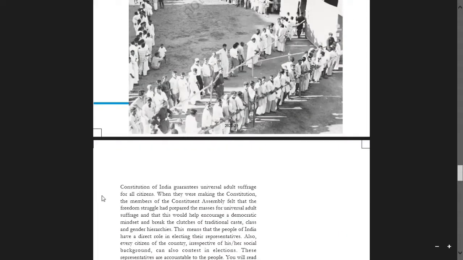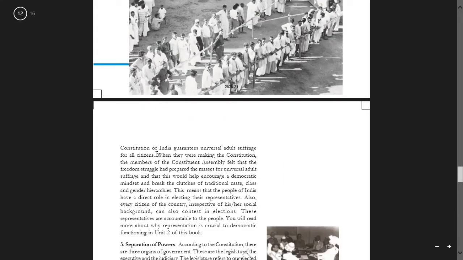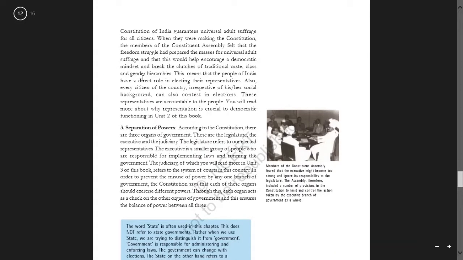The Constitution of India grants universal adult suffrage for all citizens. Our Indian Constitution grants universal adult suffrage. Universal adult suffrage means the right to vote in political elections for all citizens.